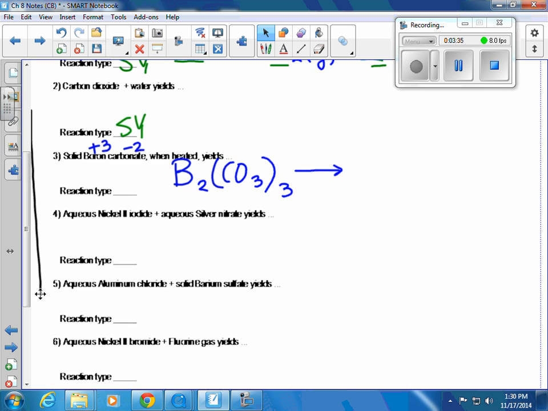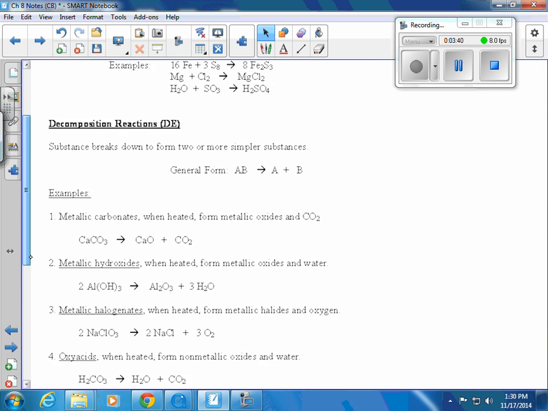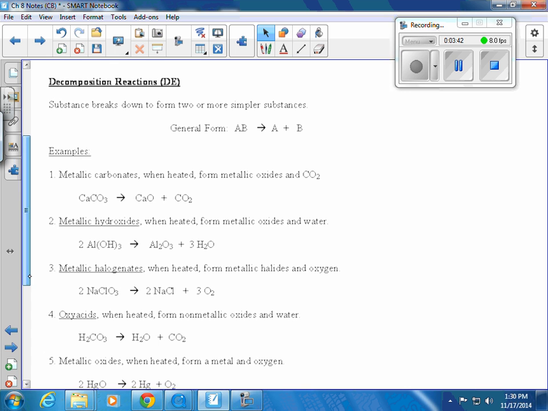Now the trick on our decomposition reactions is that we have many types. So now I need to not only decide that yes, it's a decomposition reaction because it's the only one that starts with one compound like this, I have to figure out what type it is so that I can break it down. Now for example number 1, you can see that it says a metallic, so it means a metal carbonate. Well, that's what I have.